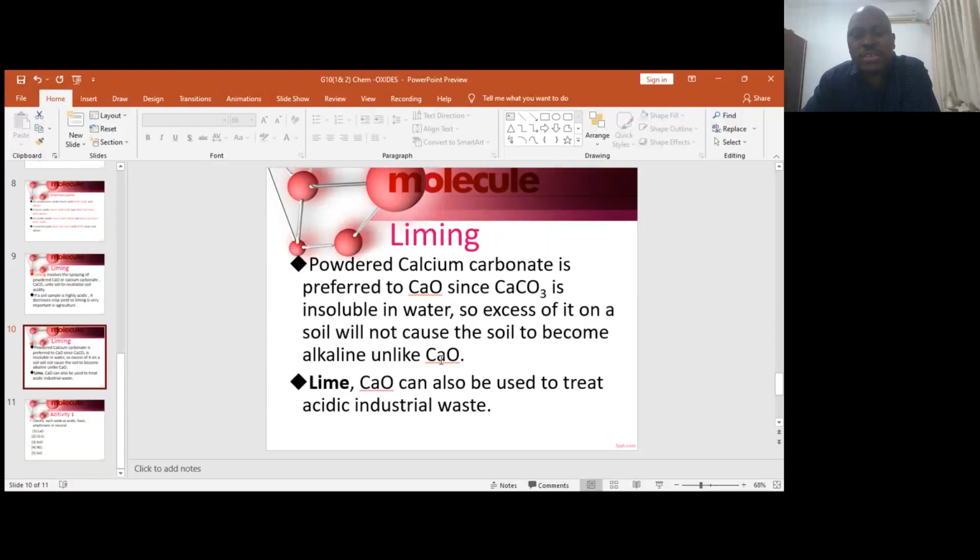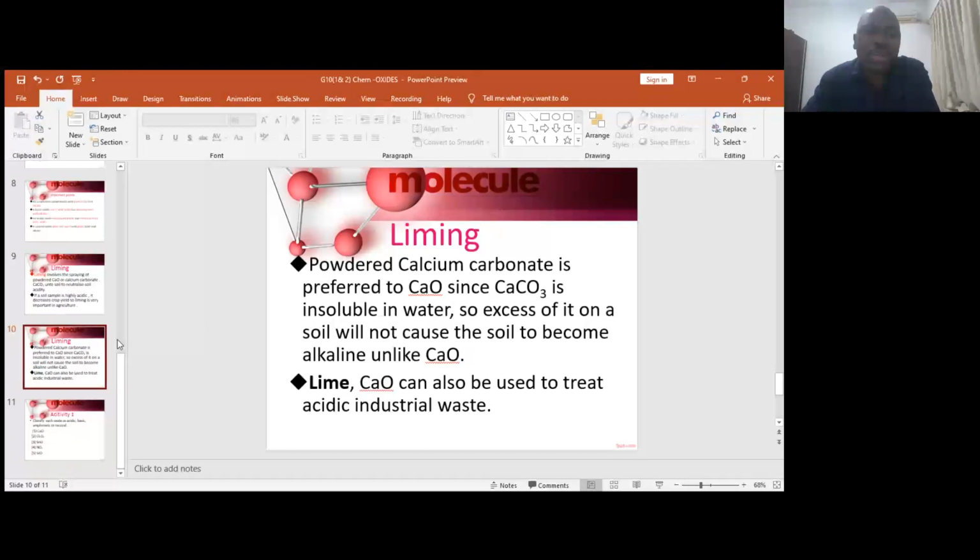And lime is also used to treat acidic industrial waste. This slide is very important. Please make sure you review this, especially this point.